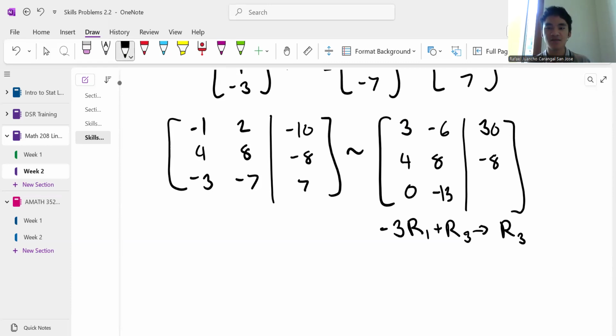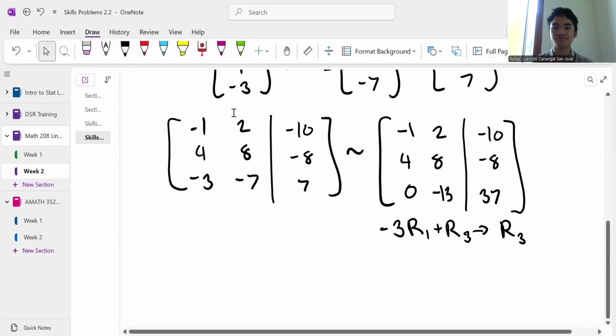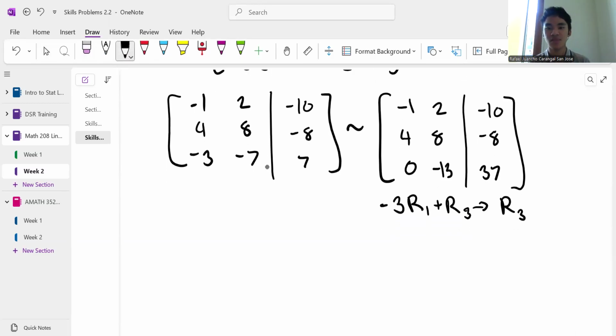Right? And then 30 plus 7 is 37. And then the good thing about this is I can reset the thing I scaled because it's basically the same thing. Right? Okay, then now I keep going.